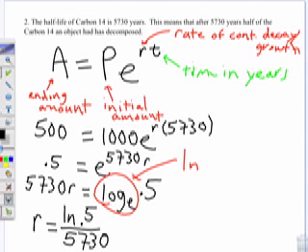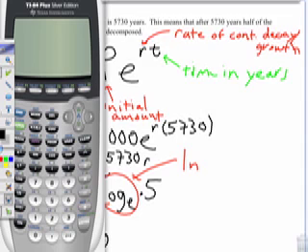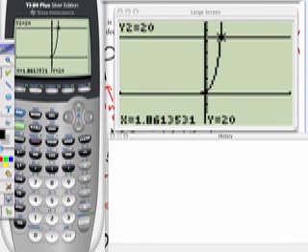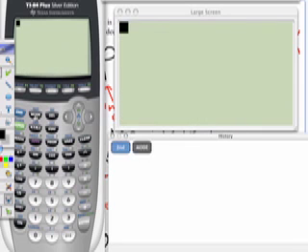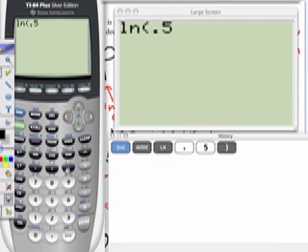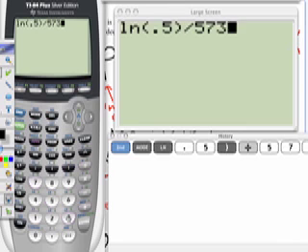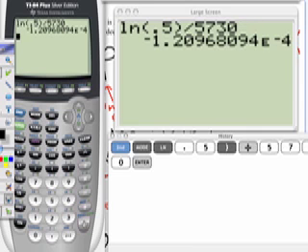Okay, so if we went to our calculator, we can type this in, and we can get it to store. You have a store button, STO, right above the on button. So we have natural log of 0.5 divided by 5,730.